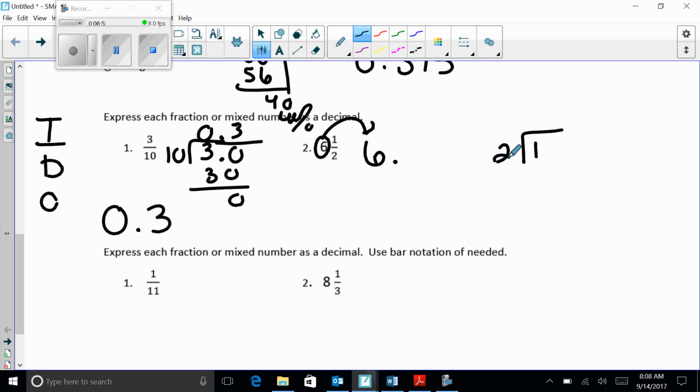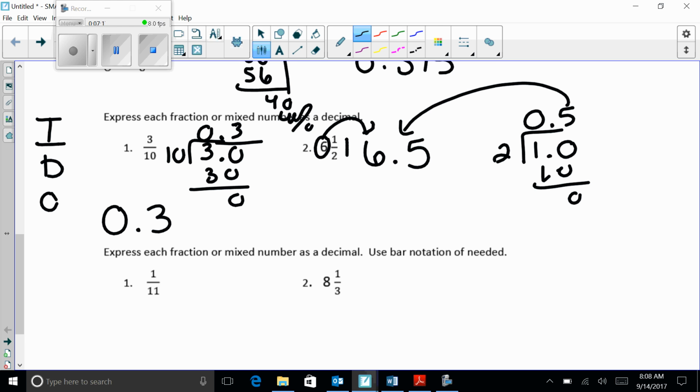And you should know what 1/2 is as a decimal, but if you don't, we're going to divide it anyway. We go ahead and put my decimal. 2 does not go into 1, so I'm going to add a 0 underneath the division house. 2 goes into 10 5 times, which zeroes me out. So now I'm going to bring this 0.5 and I'm going to put it right here behind the decimal. So my answer becomes 6.5.